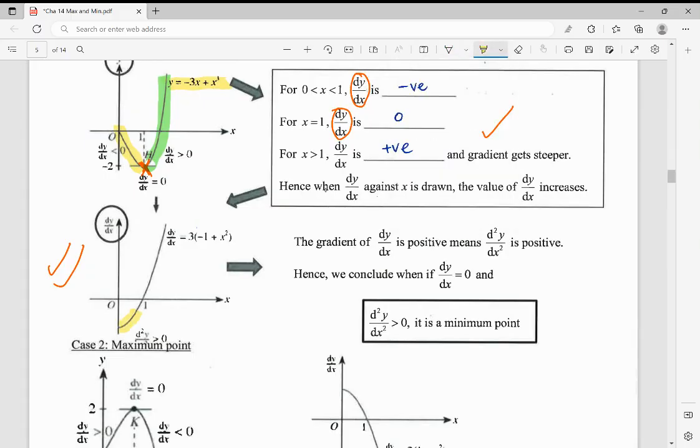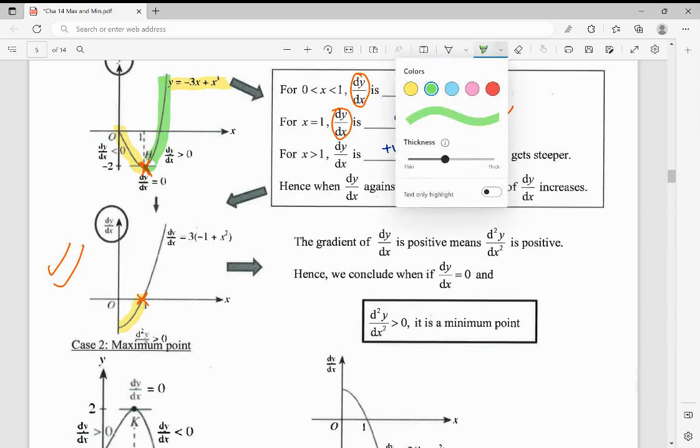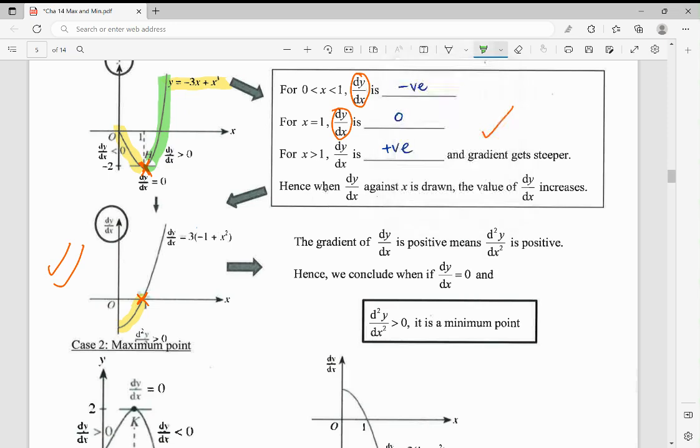Then at x equals 1, the value of dy/dx is 0. After x equals 1, it becomes positive, so it's now above the x-axis. So this is a dy/dx graph against x.